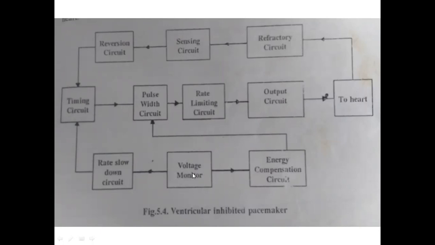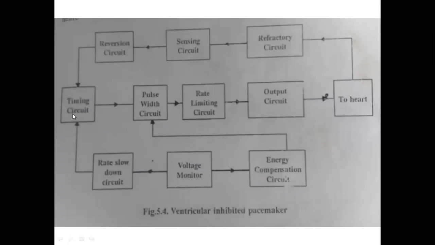We also have a voltage monitor. This voltage monitor produces pulses to the pulse width circuit, and also sends signals to the timing circuit, that is the rate slow duration circuit, and through the energy compensation circuit. This is used for sensing the R waveform only.